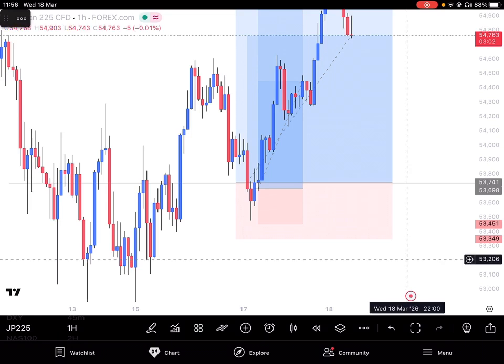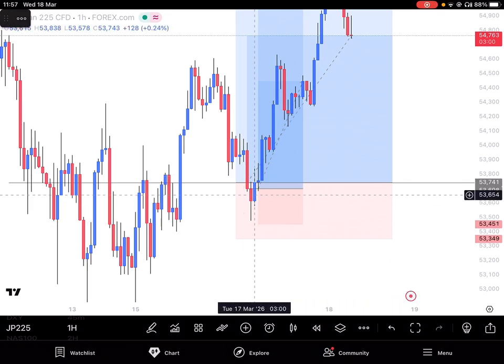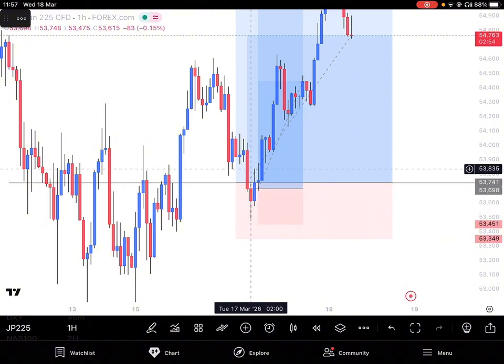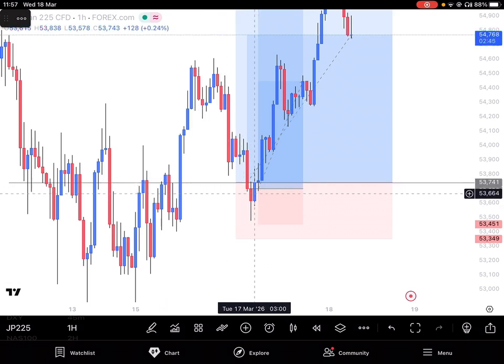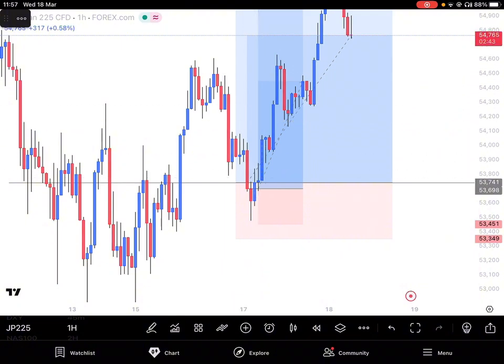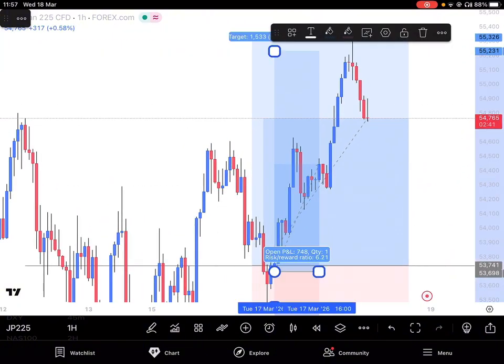I got my second entry where there were two consecutive candles, like I said, open and close. Then we have this bullish engulfing, same as we have on daily. So I marked out the open and close and price got there. I have my second entry, and you can see the second entry is like 1 to 6.